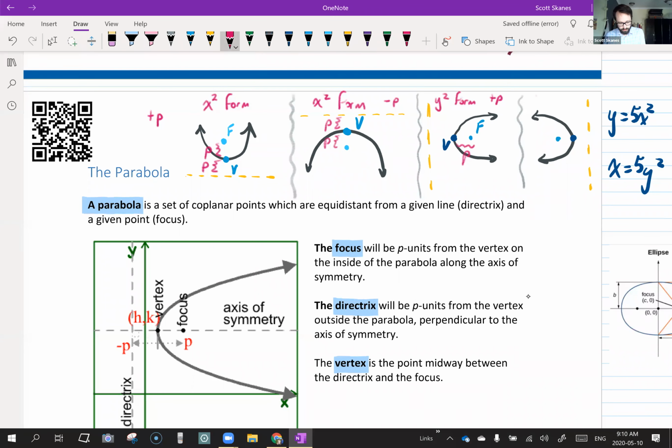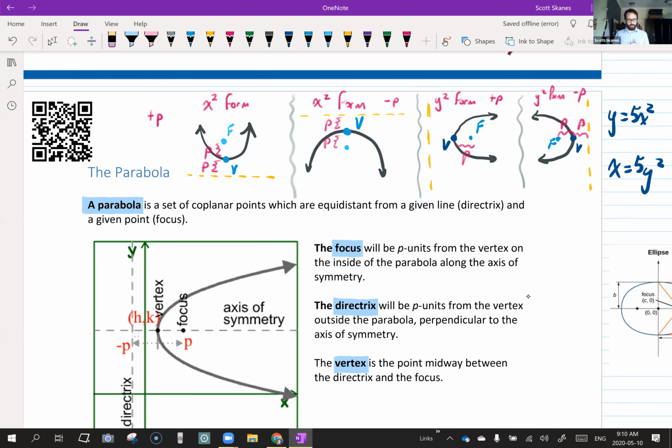And this is also y squared form, but it has a negative p-value, which again, I'll cover in more detail in a little bit. So these are our big ideas. Let me label them. V, focus, and then directrix. This line would be x equals some constant, which I'll cover later. That's our directrix though.